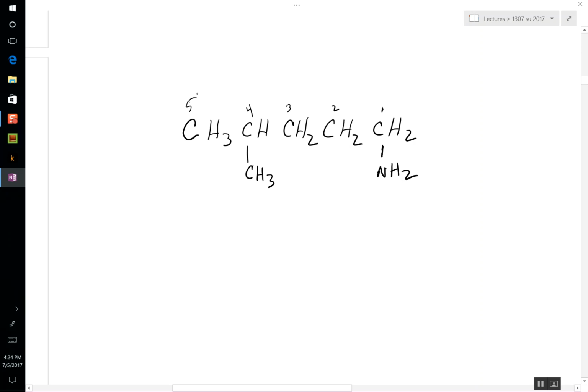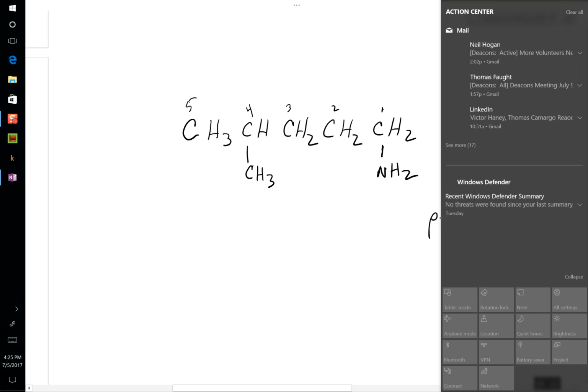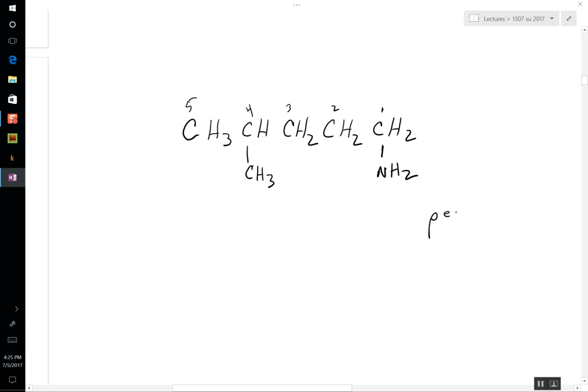So what's the parent name? Pentane. Now it is 1-amino pentane, and what else? 4-methyl.